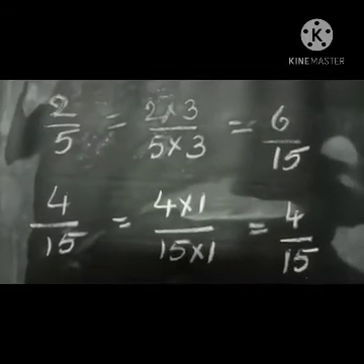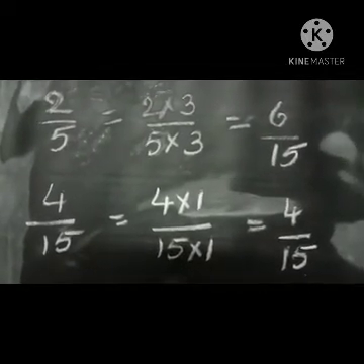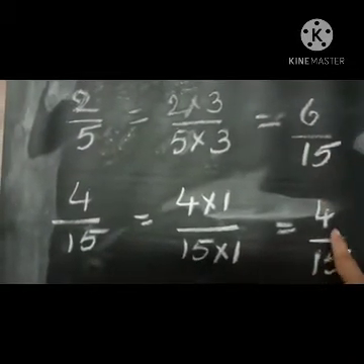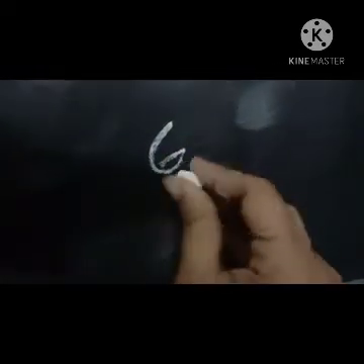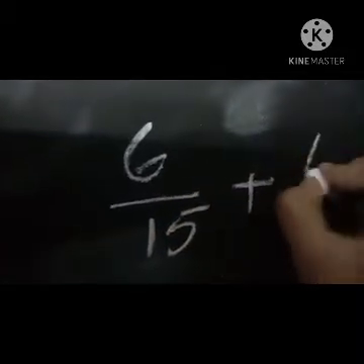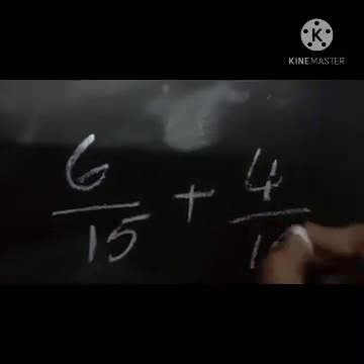So here the two denominators are equal, no? Now it is easy to find the addition. See here, write these two numbers: 6 by 15 plus 4 by 15.